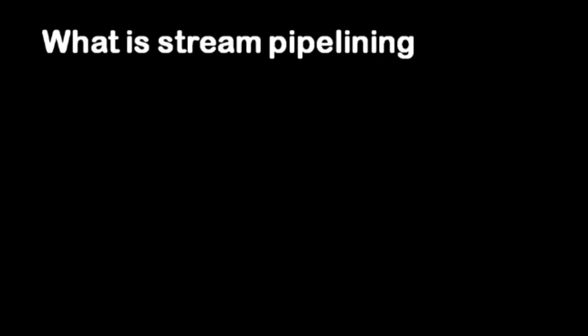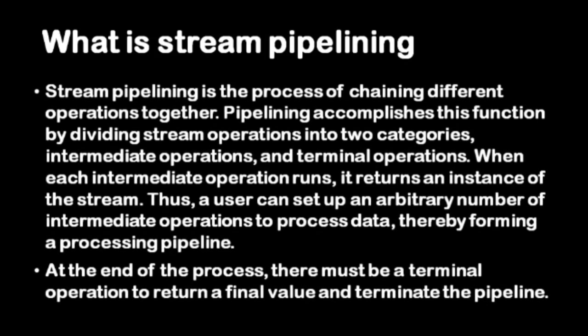So multiple intermediate operations can be performed, and that is called stream pipelining. And at the end we need a terminal operation. Intermediate operations are lazy, and we need a terminal operation at the end to invoke them.